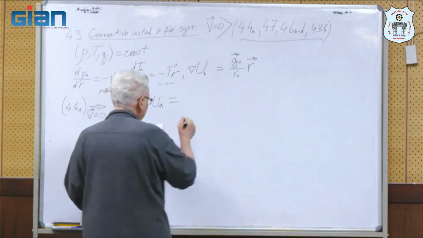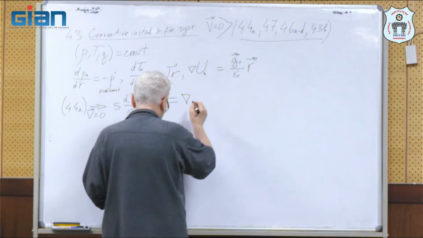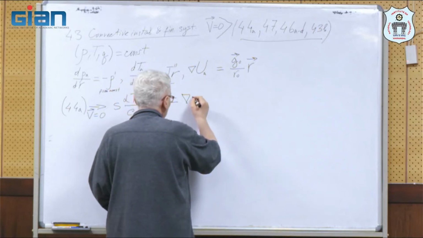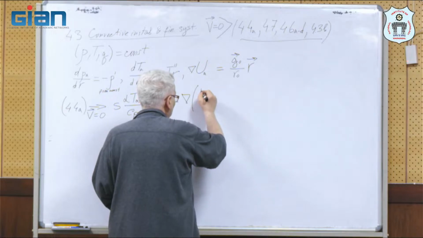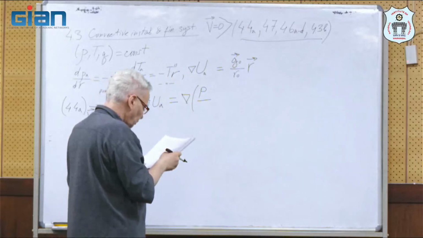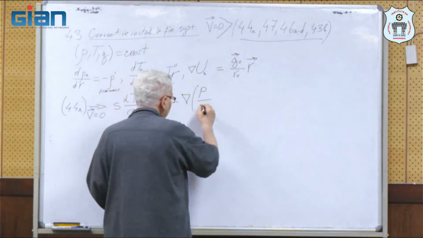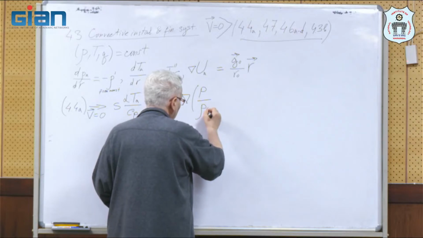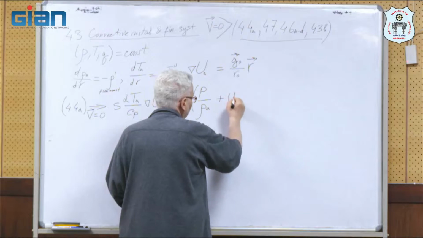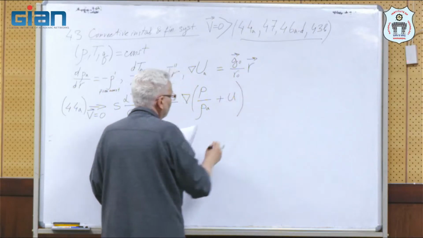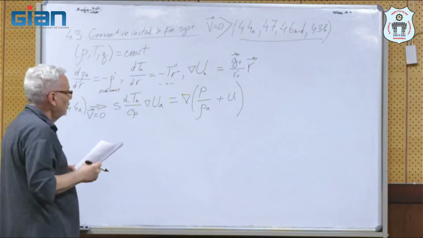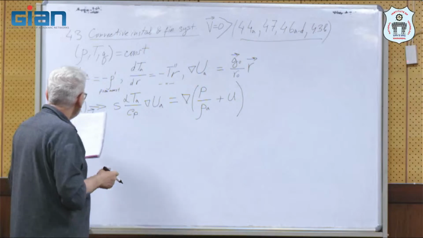So eventually this looks like that: gradient of the original pressure, or more precisely the deviation from the adiabatic state, divided by rho adiabatic. And also there is a deviation from the adiabatic state for the potential. So we have this equation when using V equal zero.